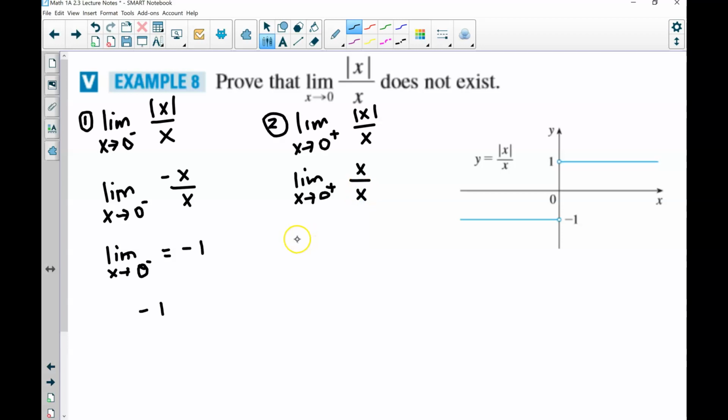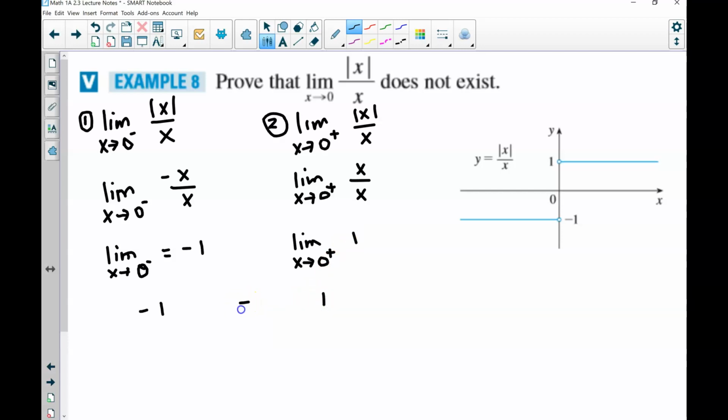Now when we simplify that, we would end up with x divided by x, which gives us 1. Now since that is a constant, then that means the limit there is equal to 1.